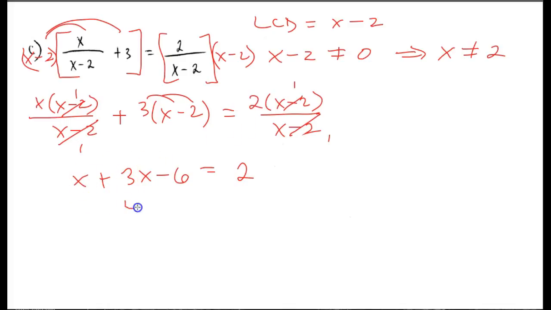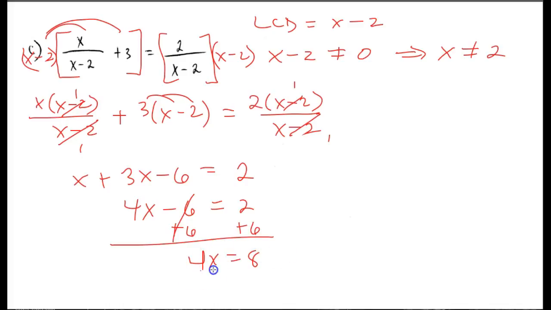So x plus 3x is 4x. And then we can just add 6 to both sides. And so finally divide by 4, and we see that x is equal to 2. However, we see that 2 matches this right here.